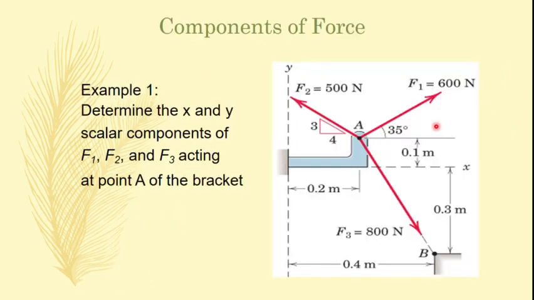Now we solve a problem. Here you have to determine the x and y scalar components of F1, F2 and F3. There are three forces acting at a point A on the bracket. Here the slope is given, and here the angle is given.